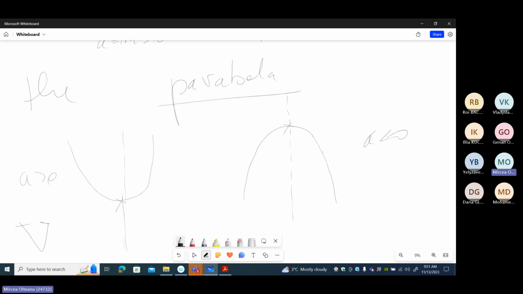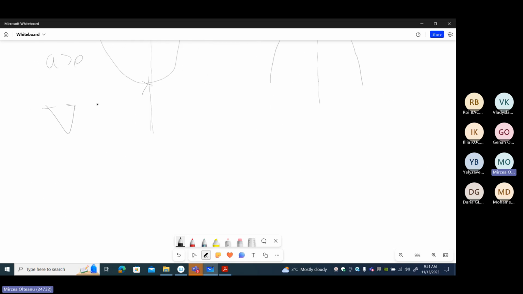The vertex is the most important point on the parabola, and has the coordinates, let's call them xv and yv. The x coordinate is minus b over 2a. And yv is of course f of xv, which if we compute it, we obtain minus delta over 4a, but you can compute it in two ways.